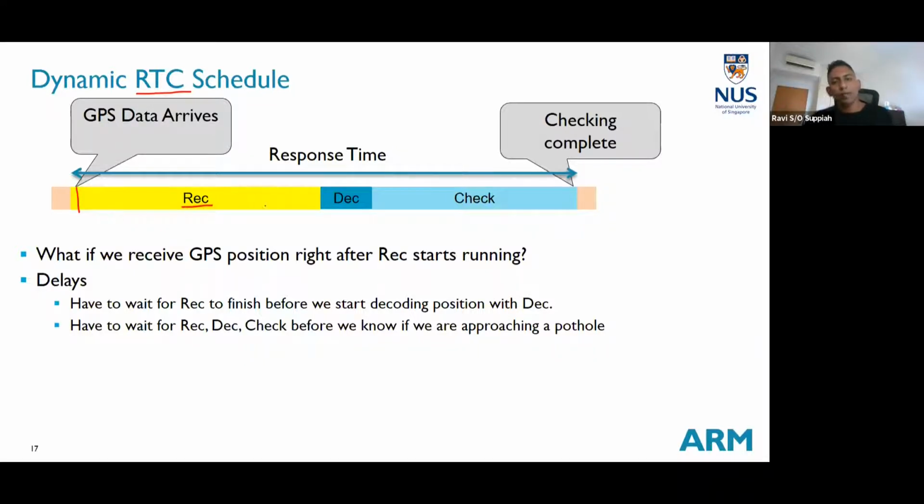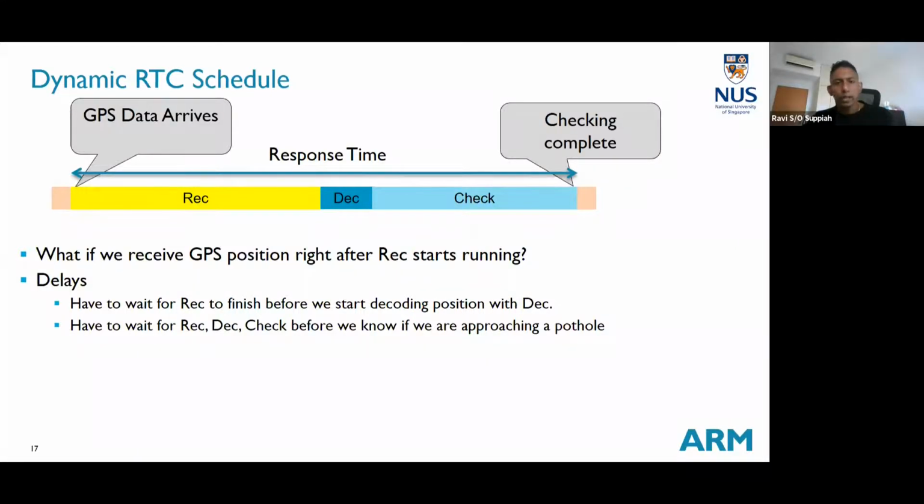After I complete my record function, your scheduler will have a priority table to know that since new GPS data has arrived, the decode function should be the highest priority function to run next. So immediately after record, I will switch over to the decode.